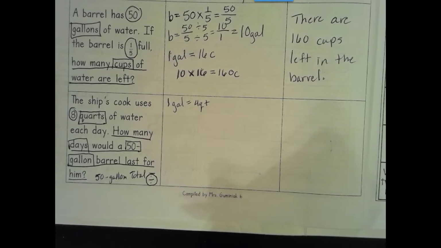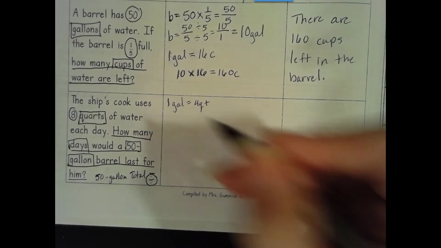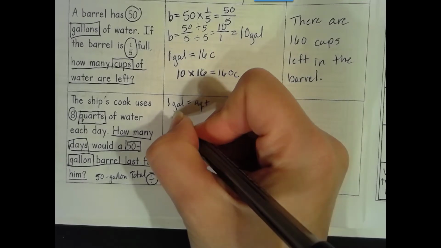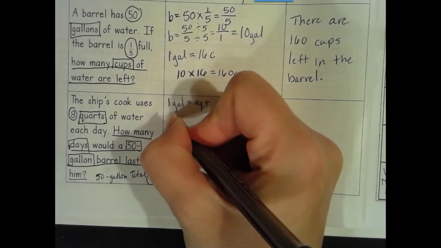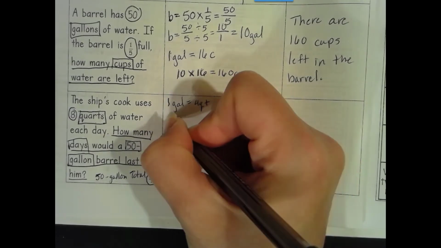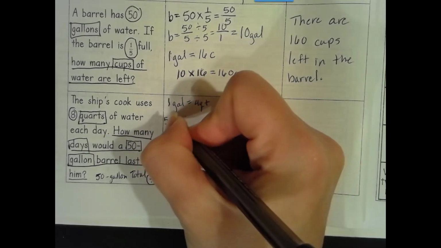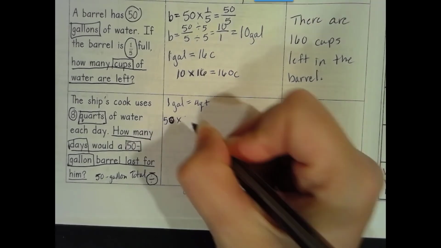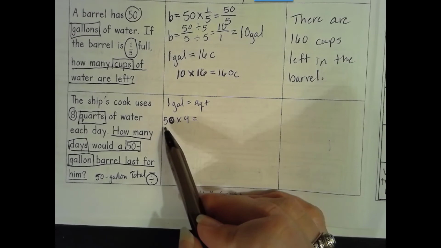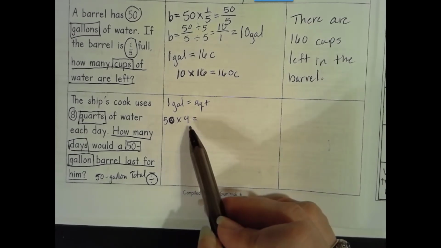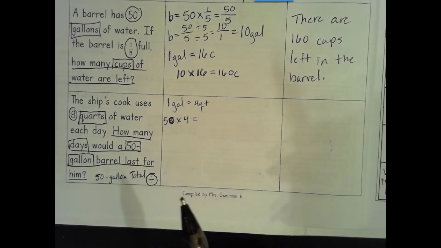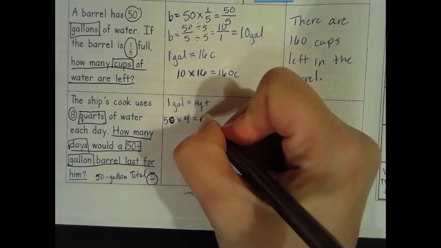So my 50 gallons, I'm converting into quarts. Whenever I convert to smaller units, I multiply because there's more of those smaller units.